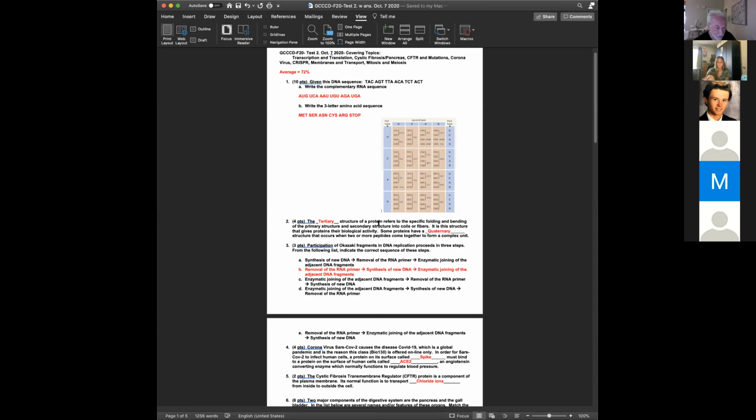And because of the folding and bending, it is tertiary. In the second blank, some proteins have a structure that occurs when two or more peptides come together. Well, anytime you have two peptides, it's not going to be primary, secondary, or tertiary, so that leaves us with quaternary.